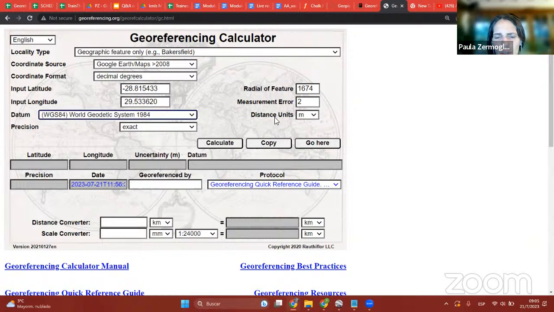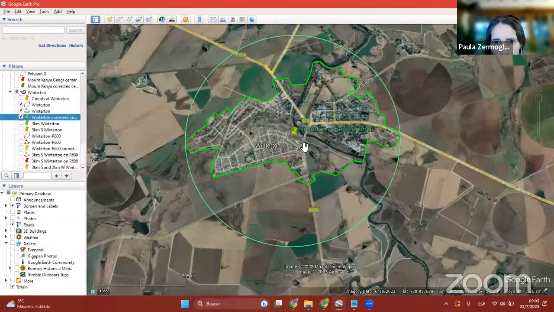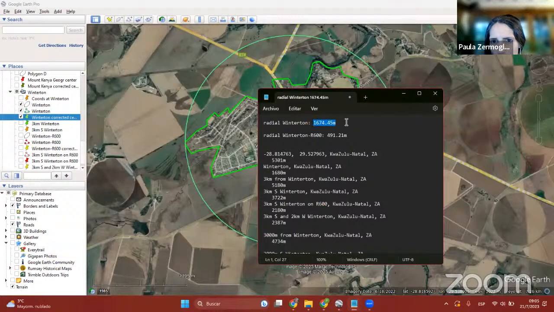Let's go to the radial of the feature. Remember that the radial of the feature is the radius of this circle, which I wrote down here. The radial is that one for that circle. And I'm going to put it to the meter.